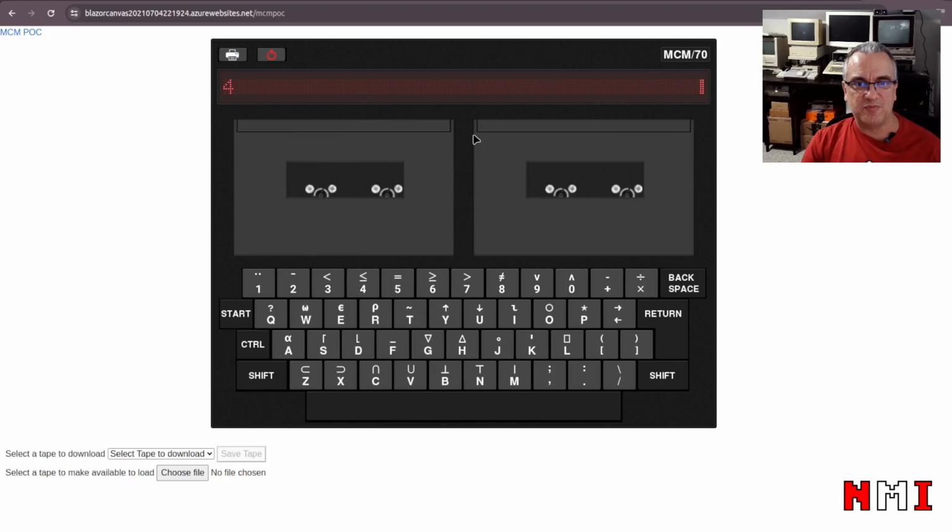I'm not gonna spend too much time here on this emulator because I want to run the emulator locally. But if you want to do it here, this is the website, and this is how you can easily have access to the MCM70 emulator.